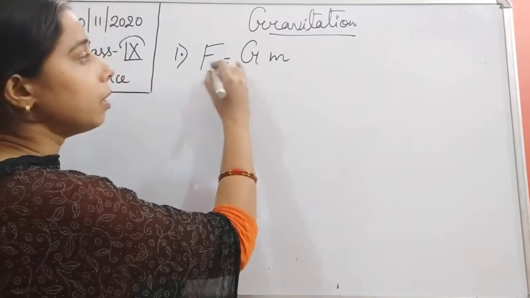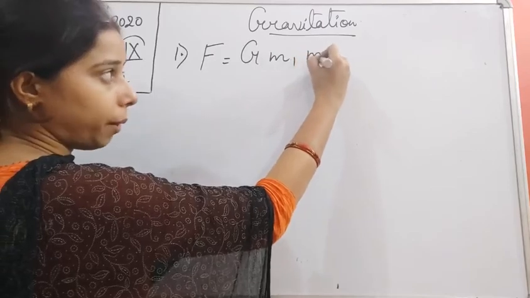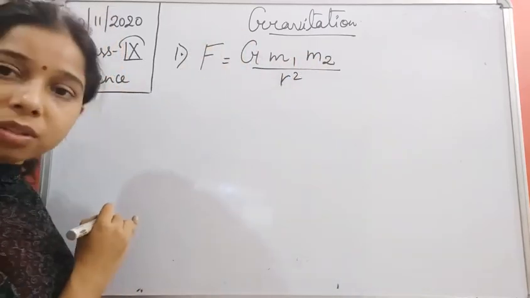So we can write F is equal to G m1 into m2 upon r squared.